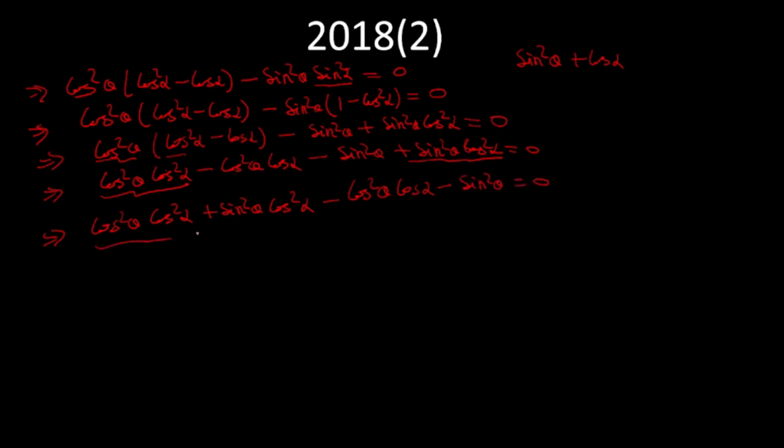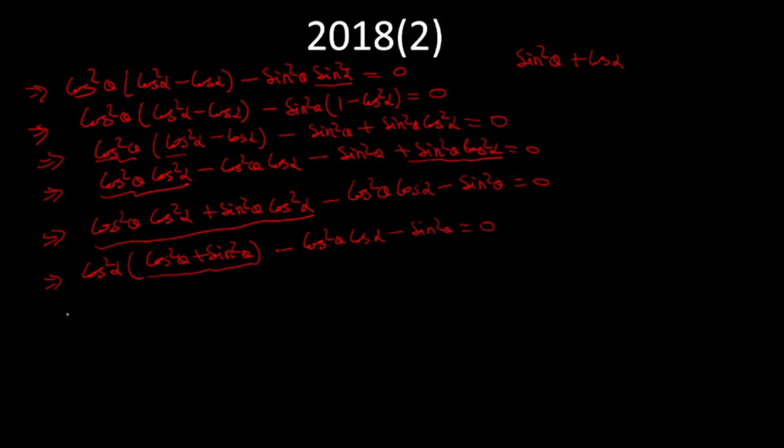So I take common cos square alpha, so it becomes cos square theta plus sin square theta, and minus cos square theta and cos alpha minus sin square theta equal to 0. So this becomes 1 and we get cos square alpha minus cos square theta and cos alpha minus sin square theta equal to 0.